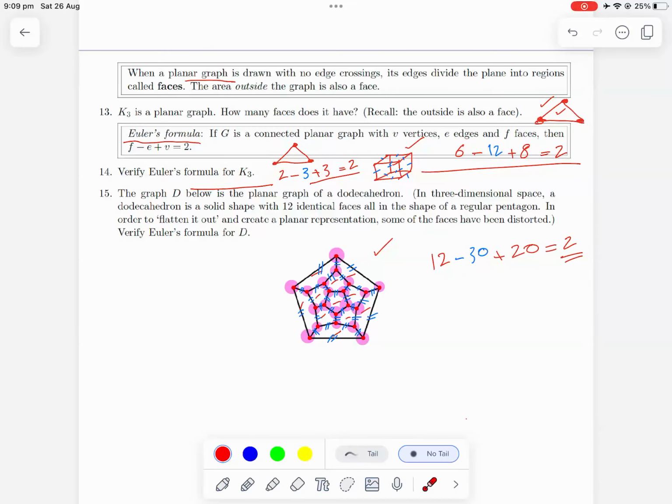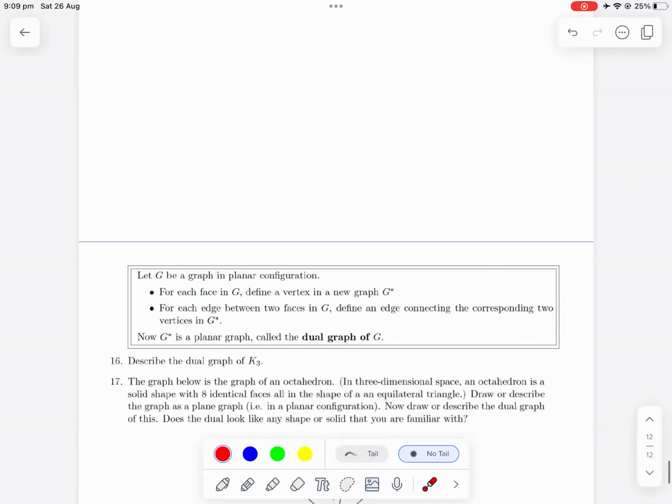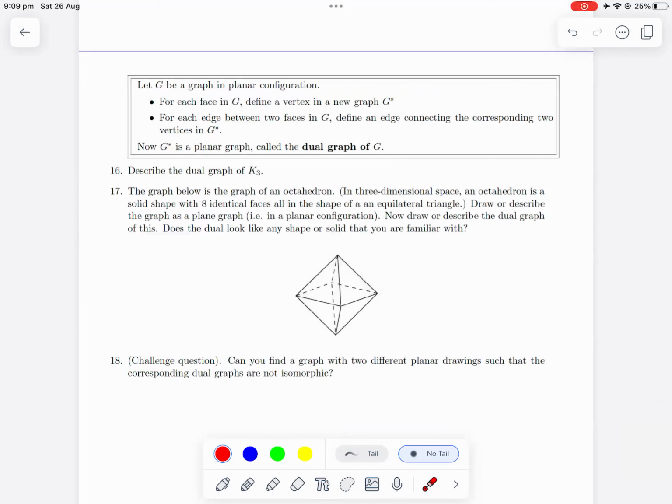All right. Let's do question 16. Now, let's assume G is a planar graph. For each face in G, define a vertex in a new graph, which we call G star.